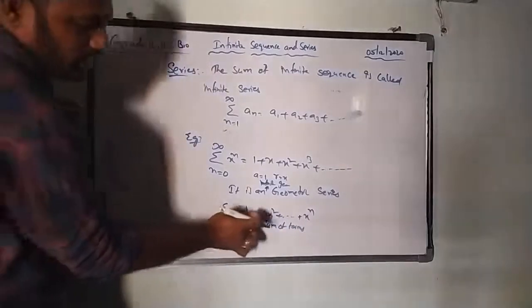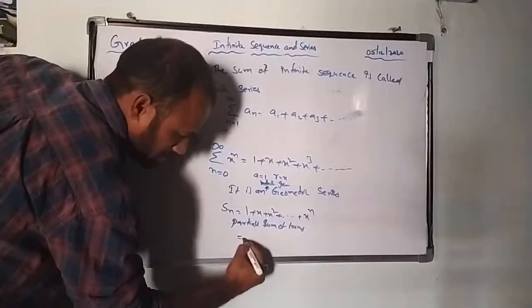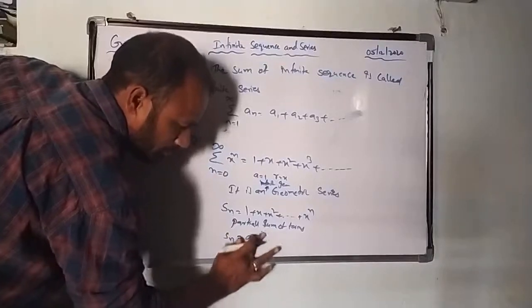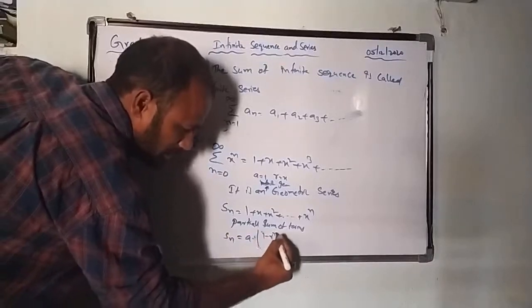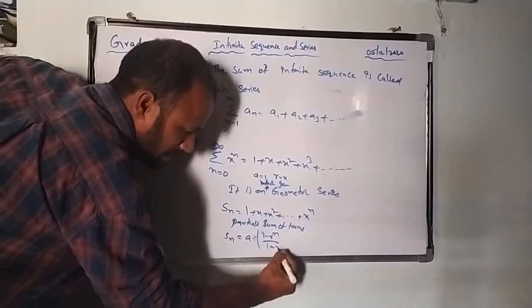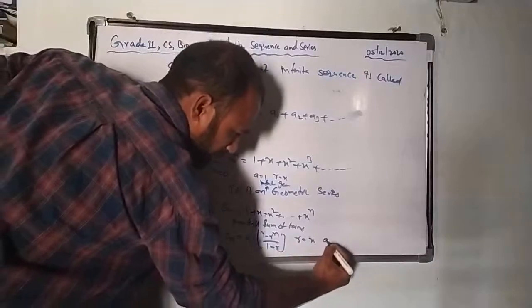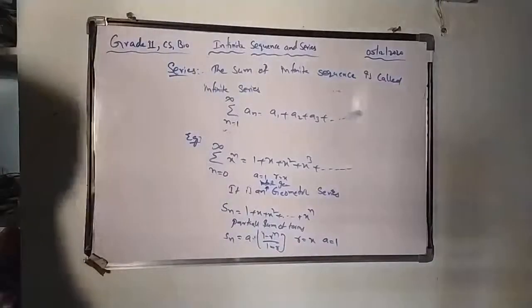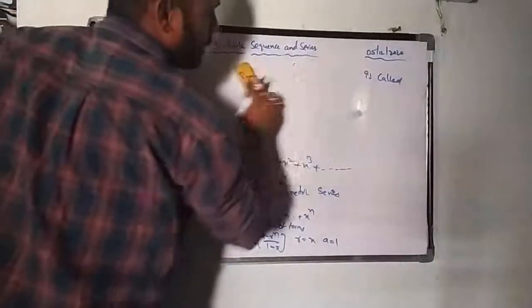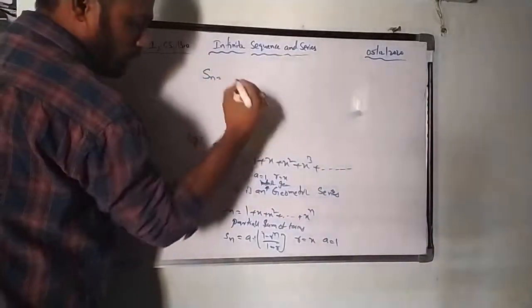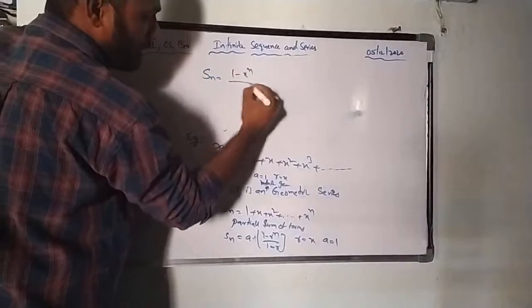So I know that this series is in GP, geometric progression. So Fn will be a into 1 minus r to the power of n by 1 minus r, where the common ratio is x and a is 1. If I substitute that, then we get Fn is equal to 1 minus x to the power of n by 1 minus x.